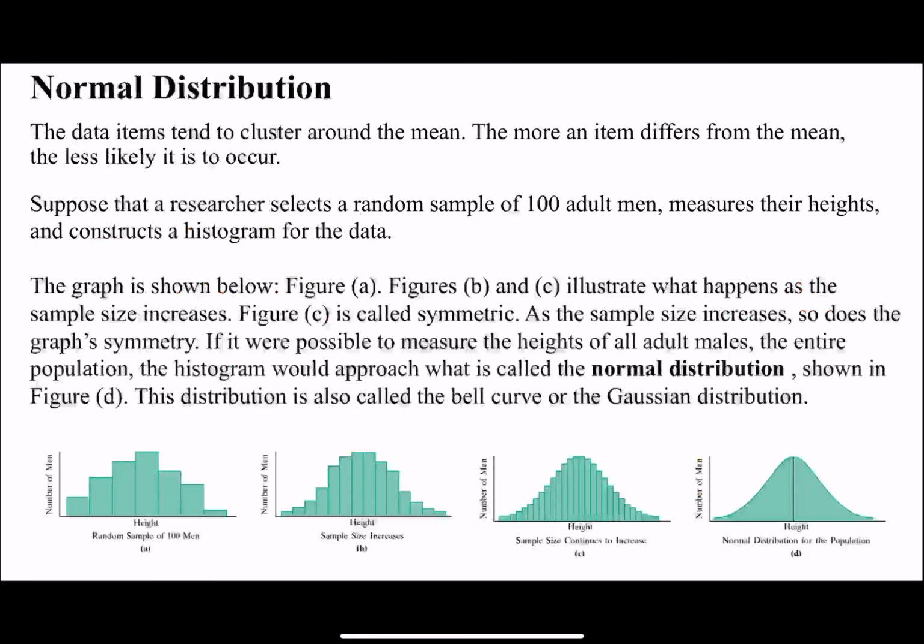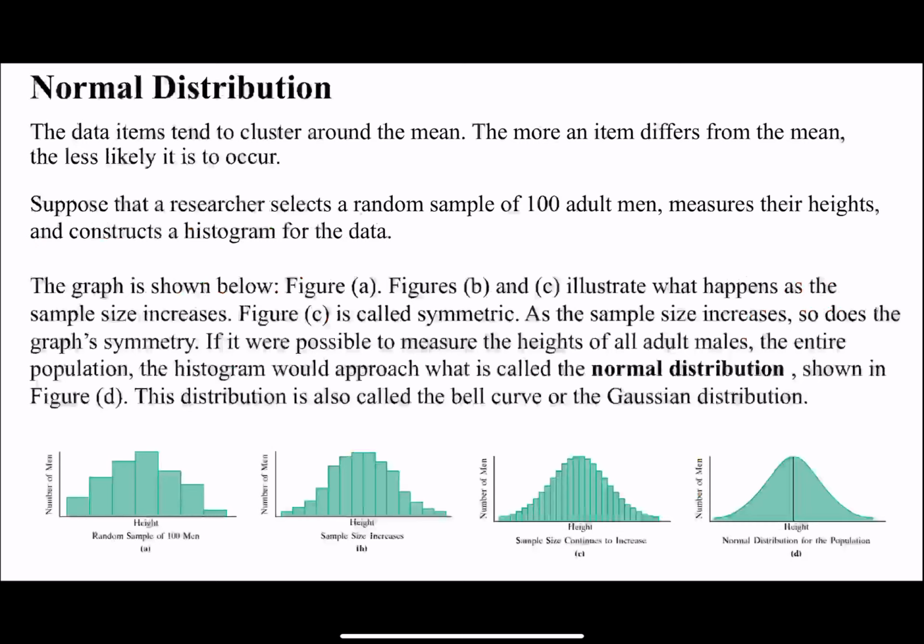So what is normal distribution? Well, the data items tend to cluster around the mean value, okay? The more an item differs from the mean value, the less likely it is to happen, okay?